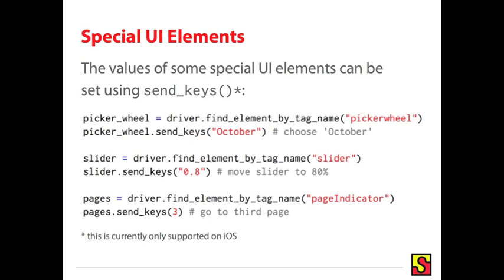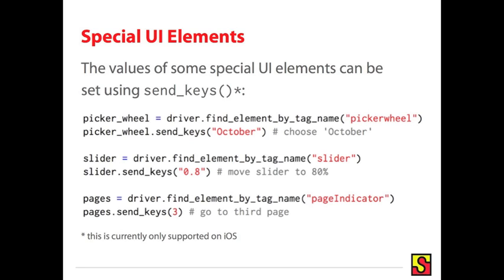Okay, so that's how you do gestures for both iOS and Android. Now I wanted to tell you one more fun trick that you can use, particularly with iOS applications, where this is supported the best. There are certain kinds of UI elements that allow you to set special types of values.